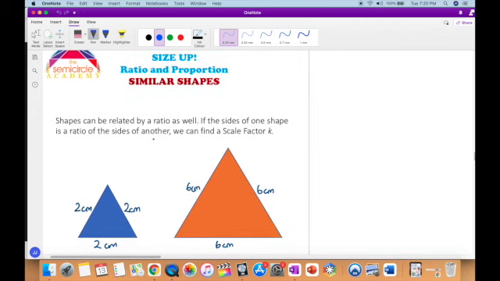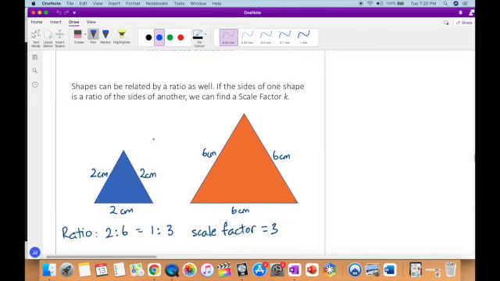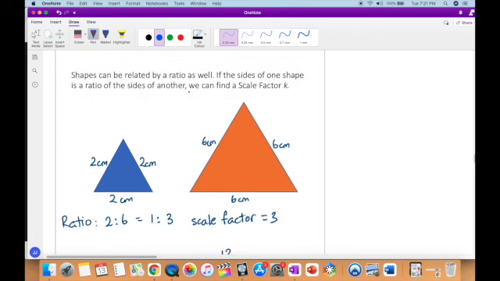Ratio and proportion, similar shapes, right? So shapes can be related by a ratio as well. And you should write this and draw this, right? If the sides, and notice the topic here is similar shapes, right?